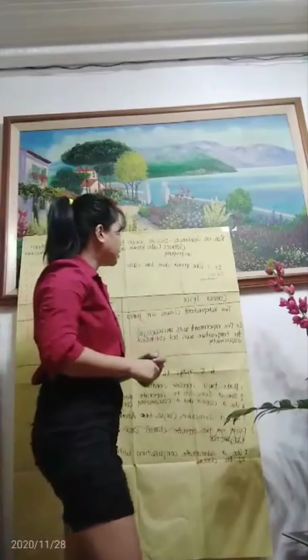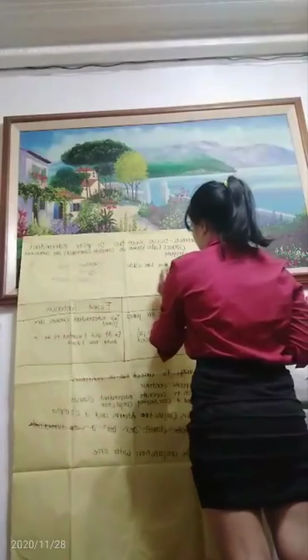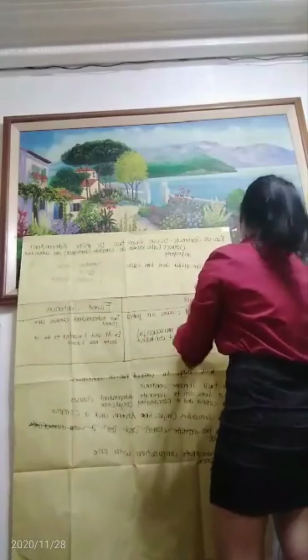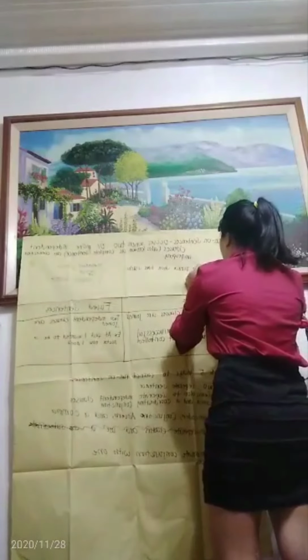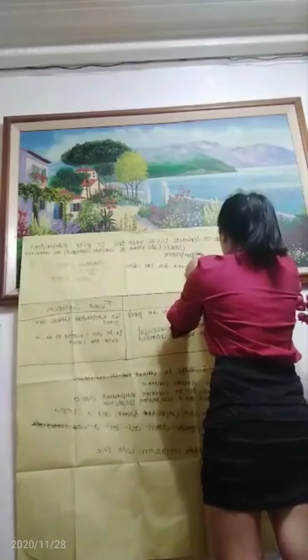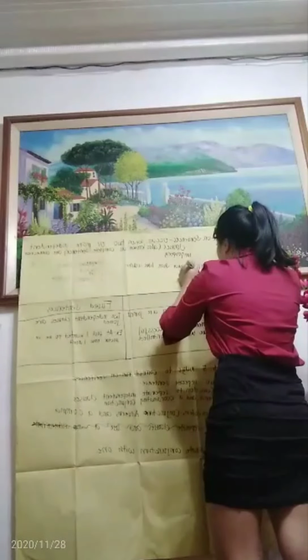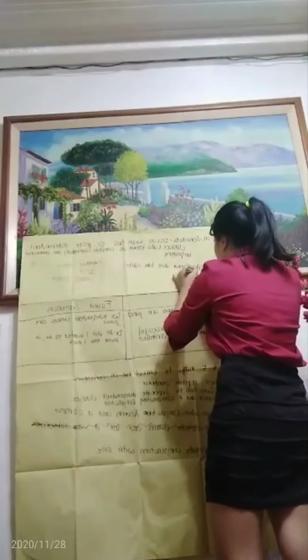So we go back to our example. I like pizza, John likes sushi. So this is a subject, I is the subject, and like is the verb.